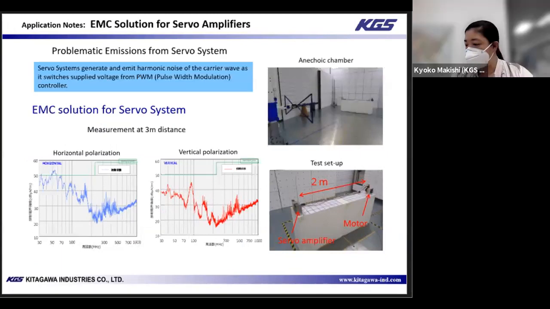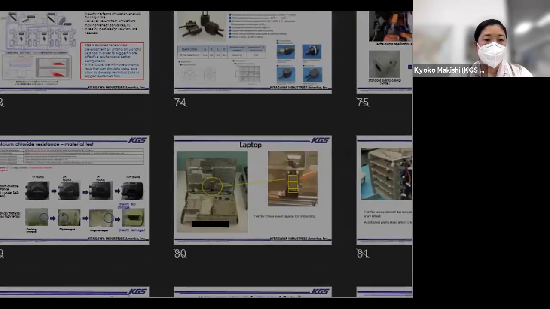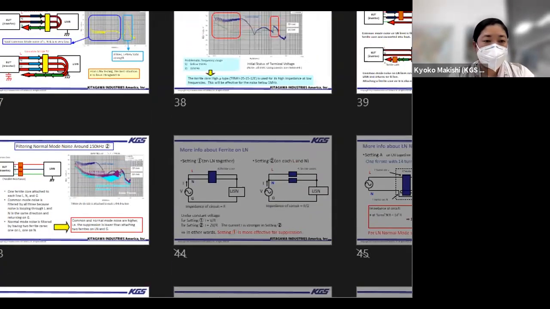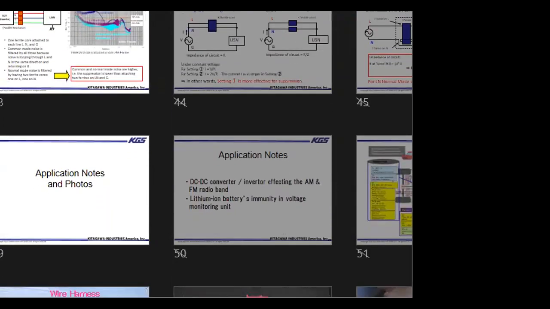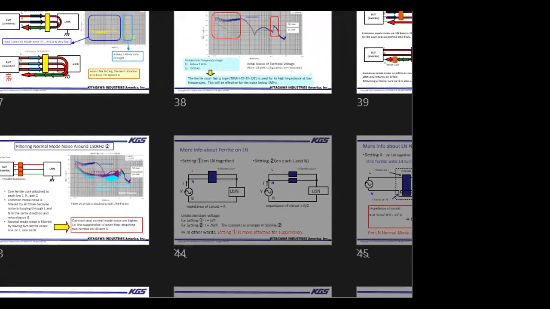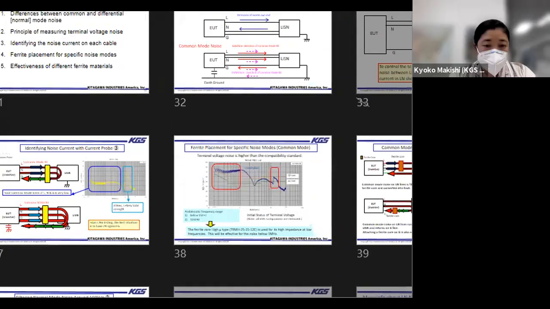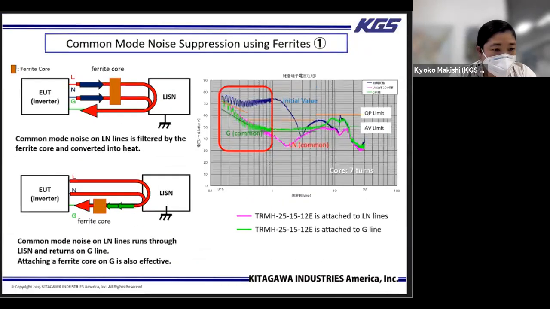Yes, closer to that one. A little further up. That one will work. Slide 39, I believe. Yeah, this one is definitely filtering just a single type of common mode noise.